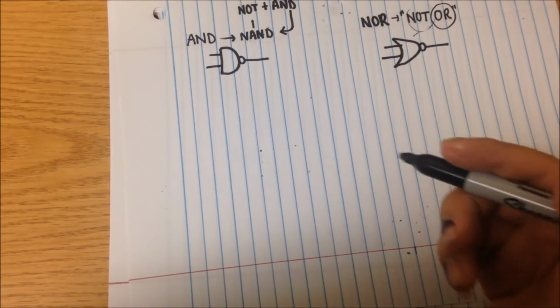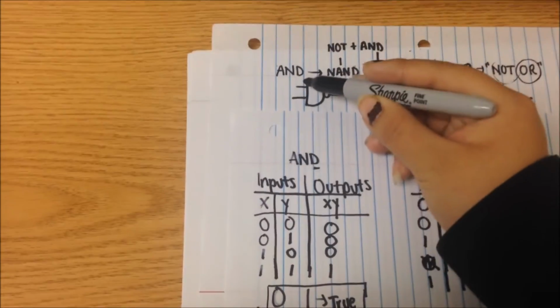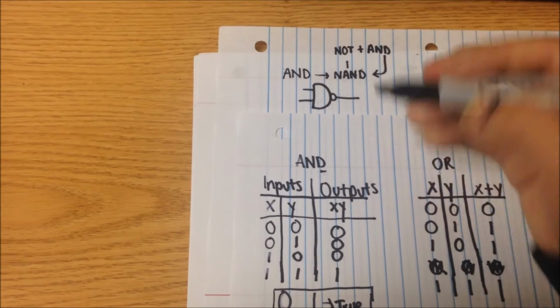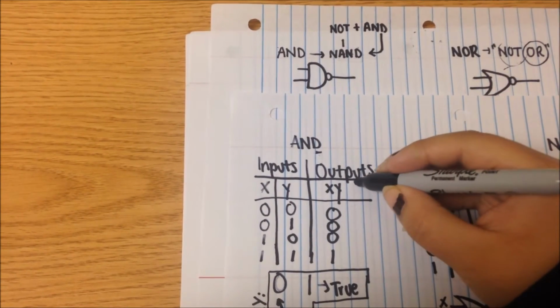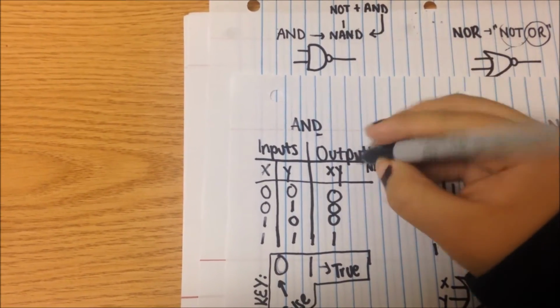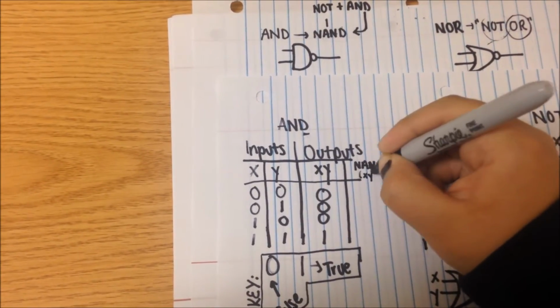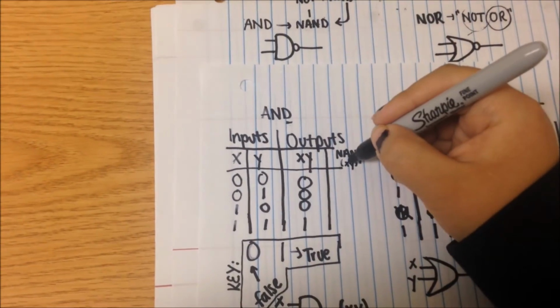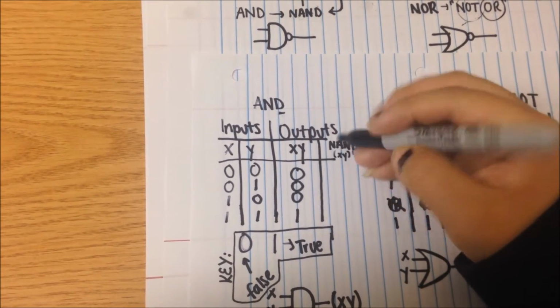Your truth tables for this one are like the truth tables for this AND: all you have to do is take the opposite of your output. So for NAND, which is x times y, all of this prime, just take the opposite of 0.